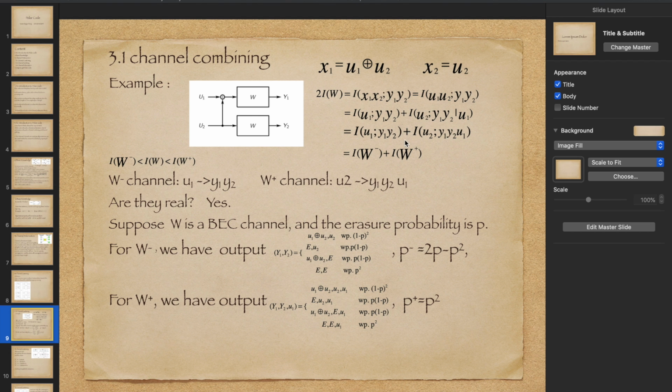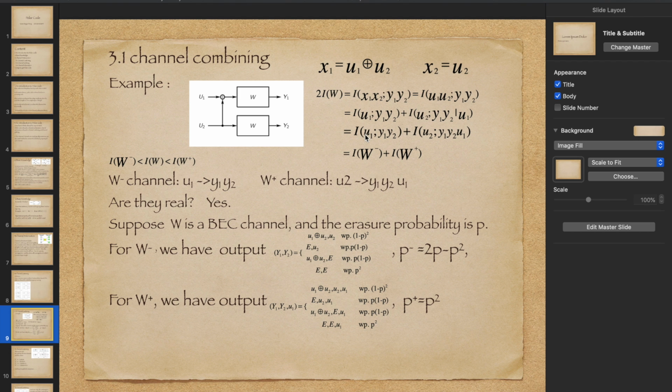And now we observe these two terms. We can regard the first one as the channel with the input U1 and output Y1, Y2. And the second term, we can regard it as the channel with input U2 and the output Y1, Y2, U1.